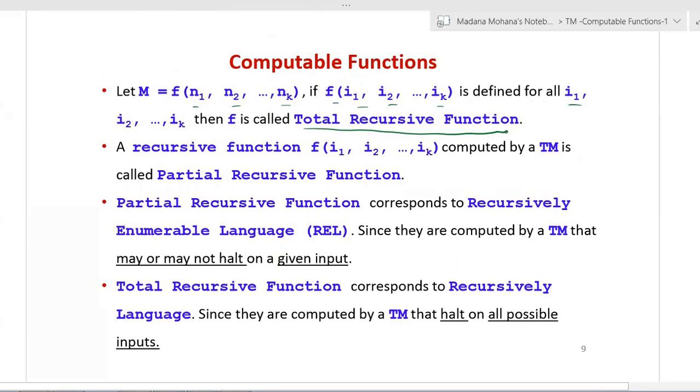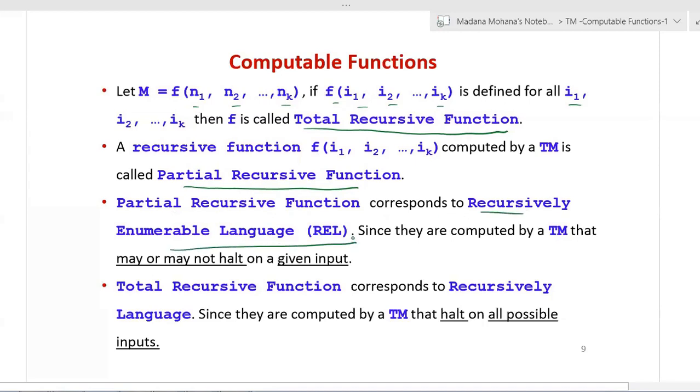A function computed by a Turing machine is a partial recursive function. A partial recursive function corresponds to a recursively enumerable language.